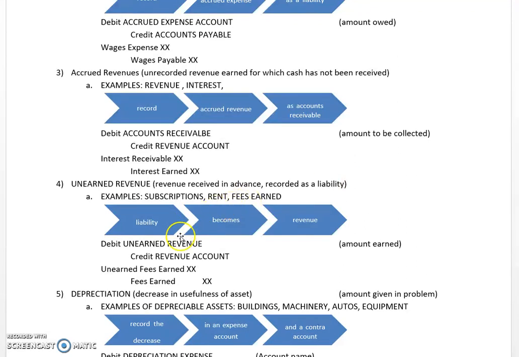So what you would do is debit unearned revenue, which is a liability, so you're decreasing the unearned revenue, and credit the revenue account for the amount that you have earned. So you would debit unearned revenue for $250 and credit revenue for $250. So once again, this is an adjusting entry for unearned revenue.